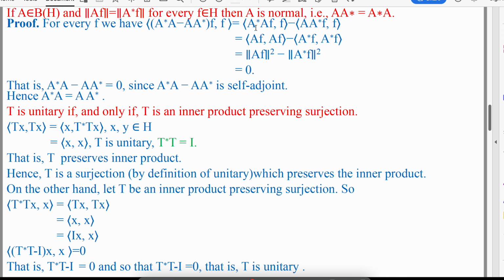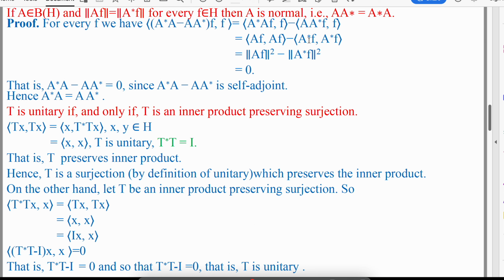Inner product of A star AF with F can be written, if you shift this to this side, as inner product of AF with AF. This is by definition because A belongs to B(H). Therefore, inner product of A star AF with F is equal to inner product of AF with AF.